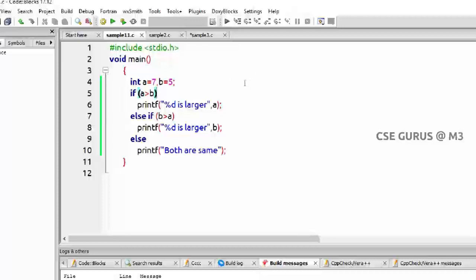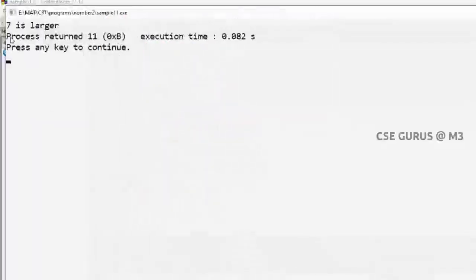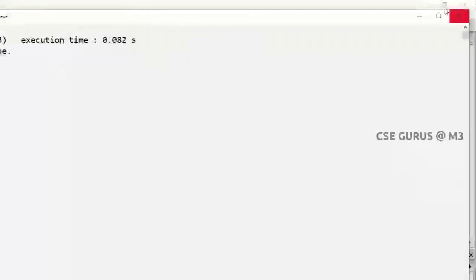If it is non-zero, it definitely returns true. So 7 is greater than 5, yes, true. That's why it prints that a, 7, is larger, and else if b is greater than a. We know this output as 7, so here 7 is larger.